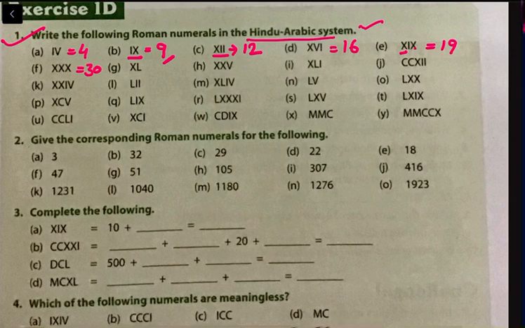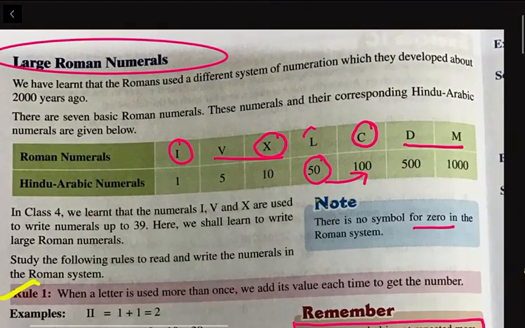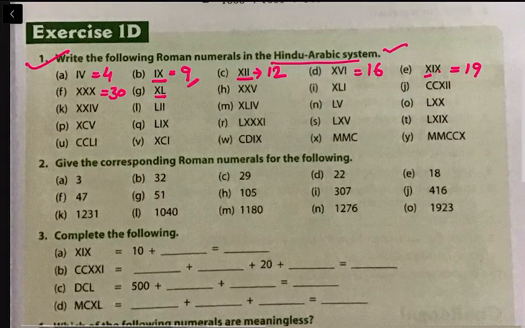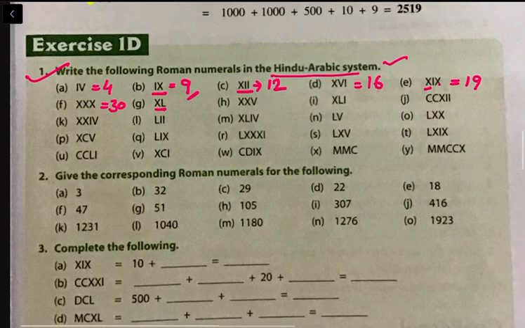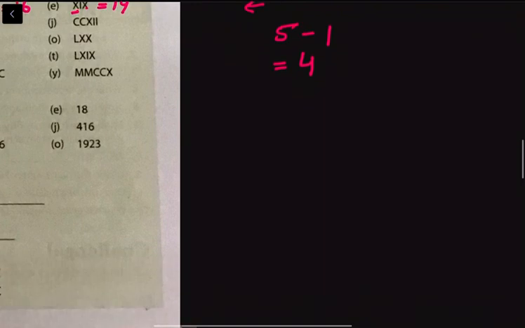XL. This is XL, meaning X is on the left hand side of L. And we know L stands for 50. X is on the left hand side of L, so it is 50 minus 10.